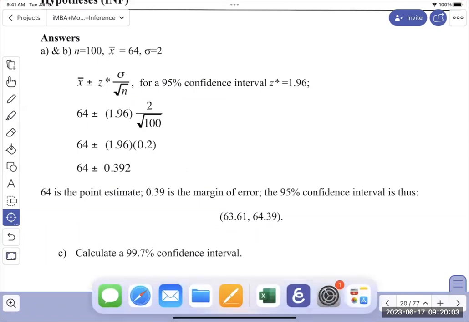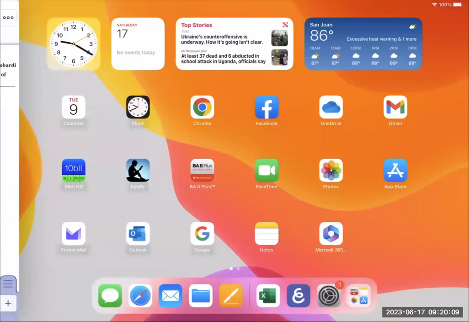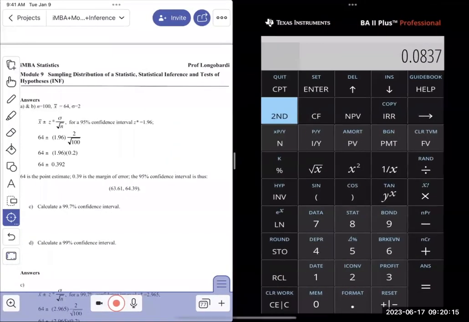If you want to do that together. So I take 1.96 times 0.2 and I can store it and take 64 minus, recall 1, and round it to 63.61.